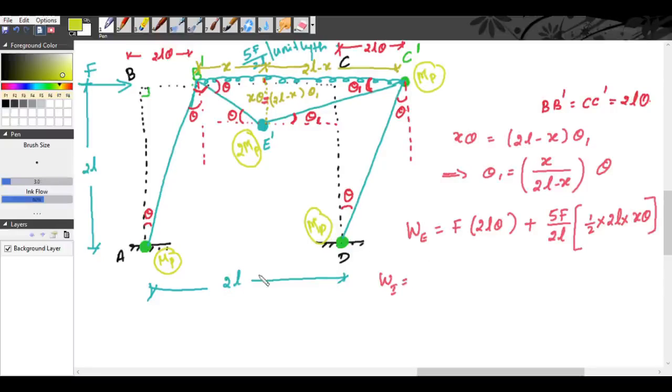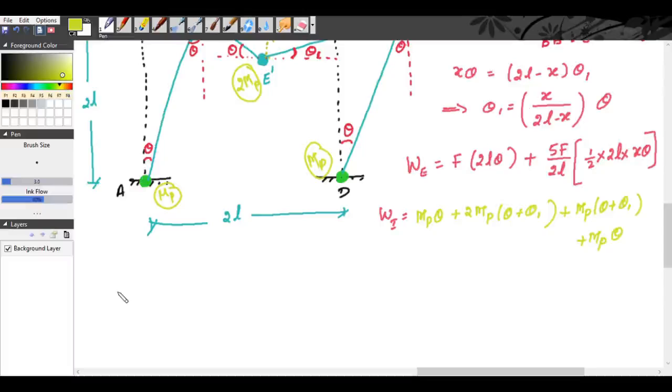So internal work done is equal to at A, MP into theta, plus at E, 2 MP into theta plus theta 1, plus at C, MP into theta plus theta 1, and at D, it is MP into theta.